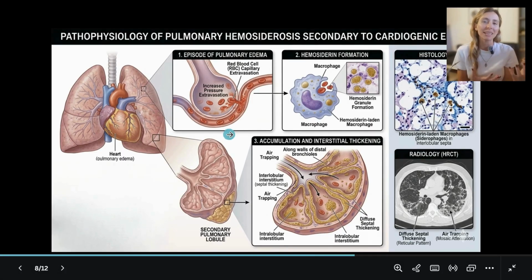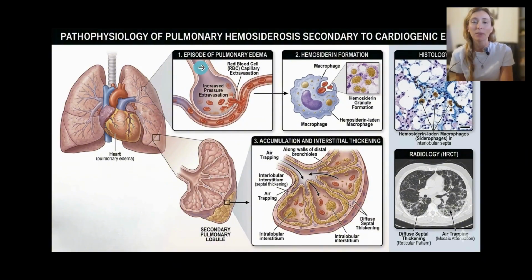What he explains to me is that an episode of pulmonary edema generates increased blood pressure, which produces capillary extravasation and hemosiderin formation that lead to hemosiderin-laden macrophages, and those macrophages start to accumulate inside the interstitium, the intralobular, the interlobular, and the peribronchial interstitium, creating this interstitial thickening that we see as a reticular pattern on CT.